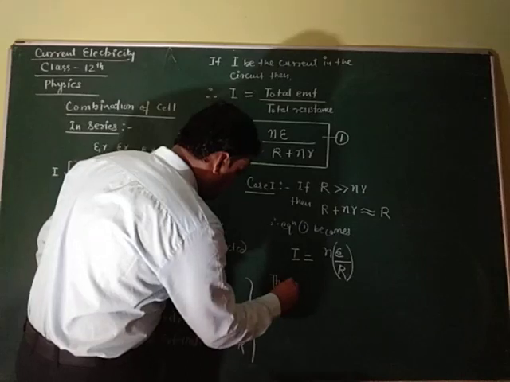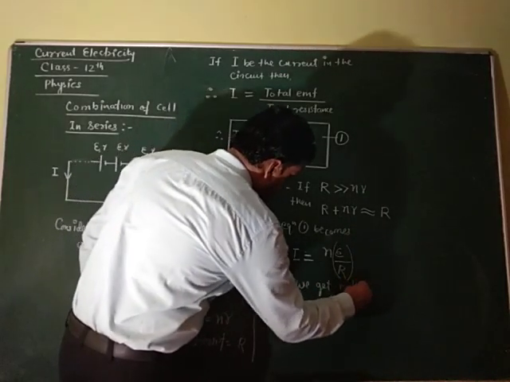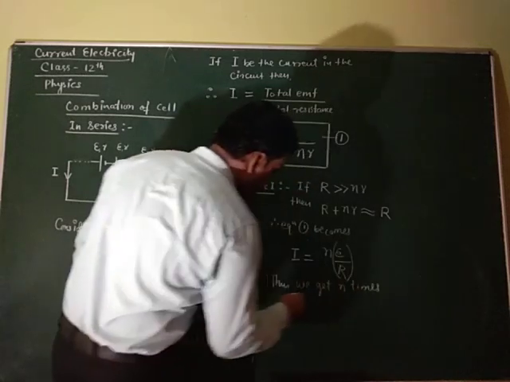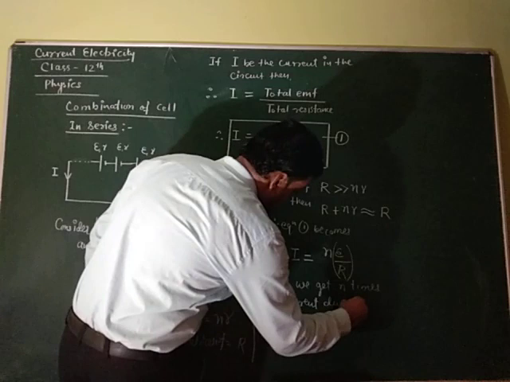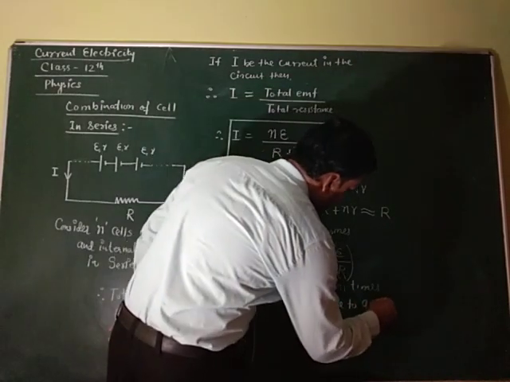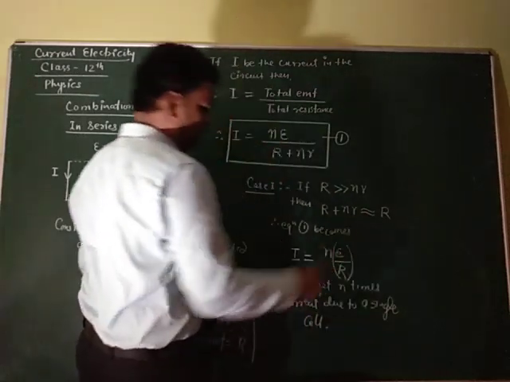Thus we get n times the current due to a single cell.